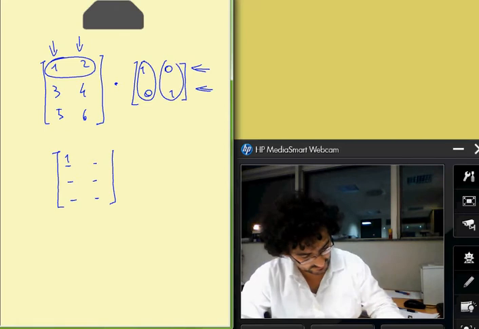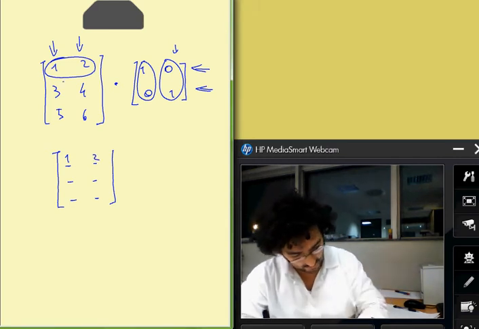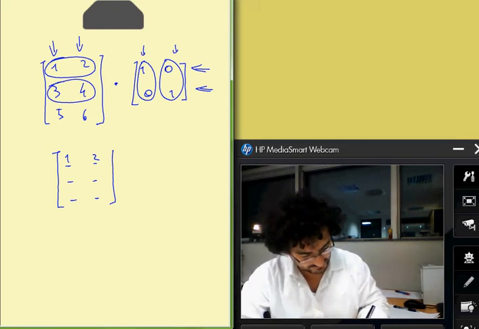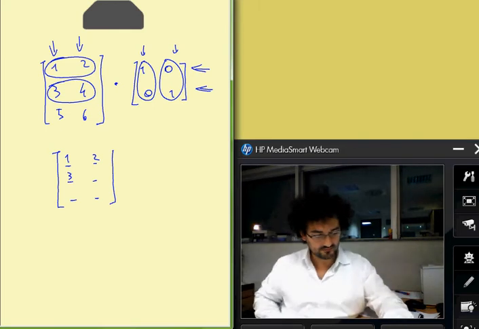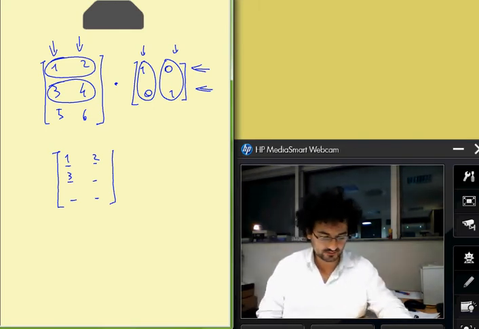Then the second column: 1 times 0 plus 2 times 1, which is 2. Then the second row and the first column: 3 times 1 plus 4 times 0, which is 3. Then the second row and the second column: 3 times 0 plus 4 times 1, which is 4.